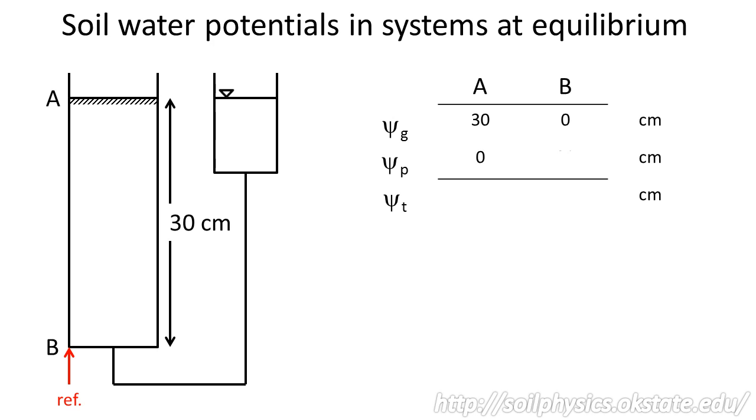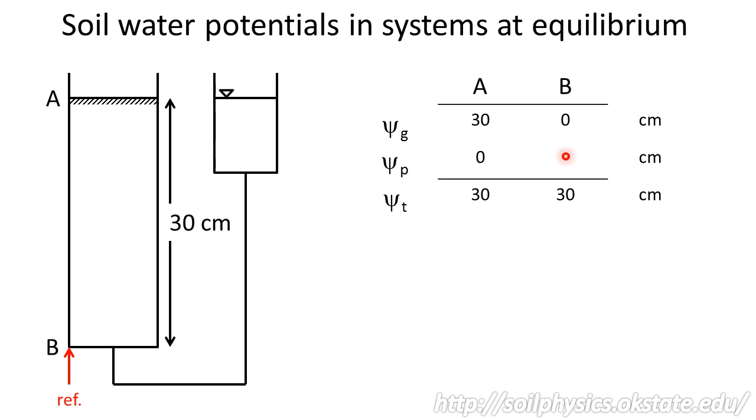The total potential at A then is simply the sum of the gravitational and pressure potentials, so that will be 30 centimeters. The total potential at B has to be equal to that at A when the system is at equilibrium. That's what equilibrium means. The total potentials are the same throughout the system, so it has to be 30 in both cases.